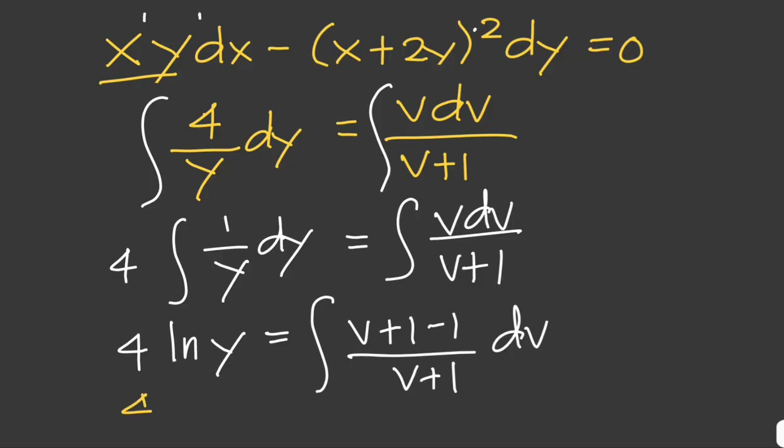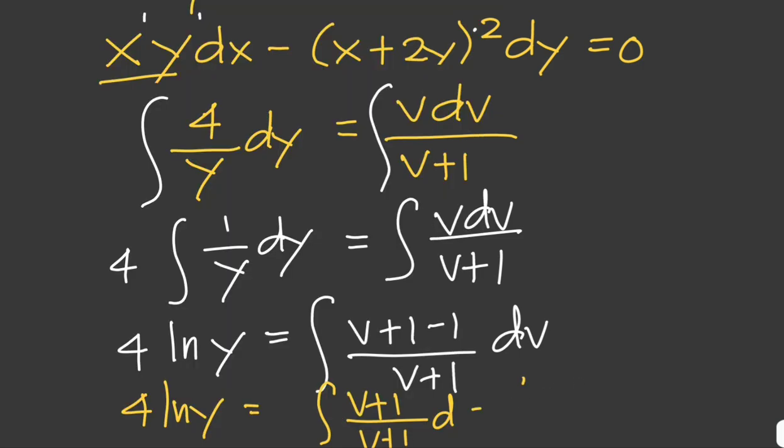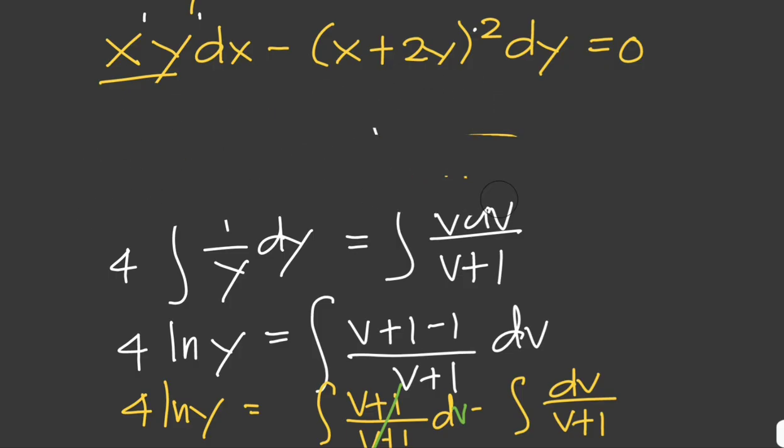Okay, 4 ln y equals, we can separate this integral as the integral of v plus 1 over v plus 1 dv minus the integral of dv over v plus 1. And this cancels out. This is dv.